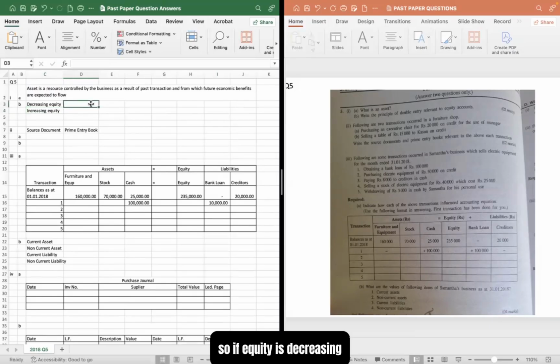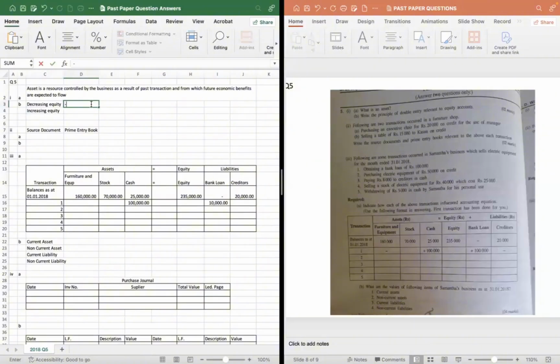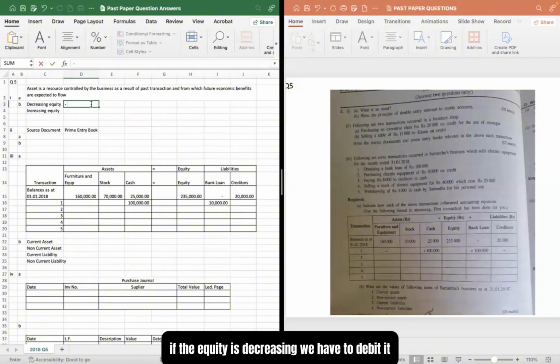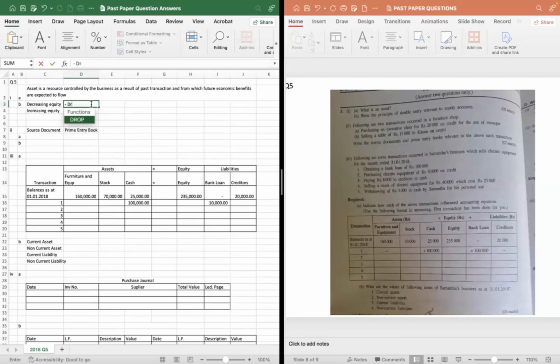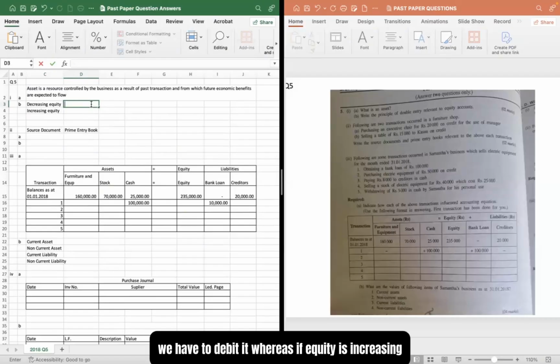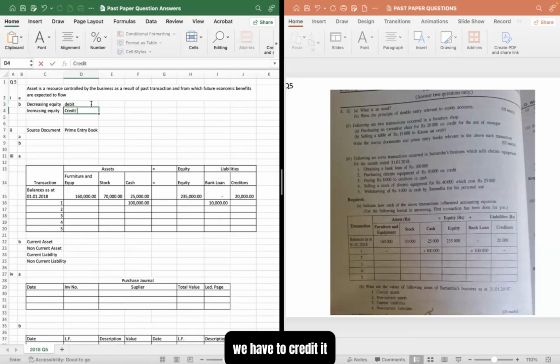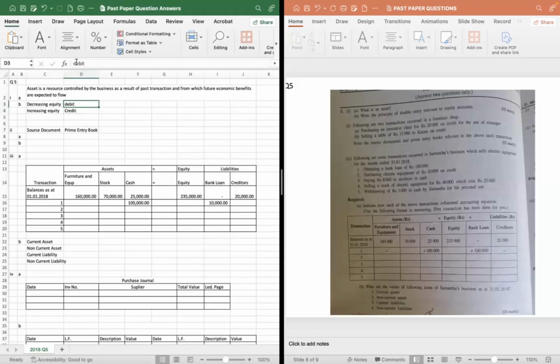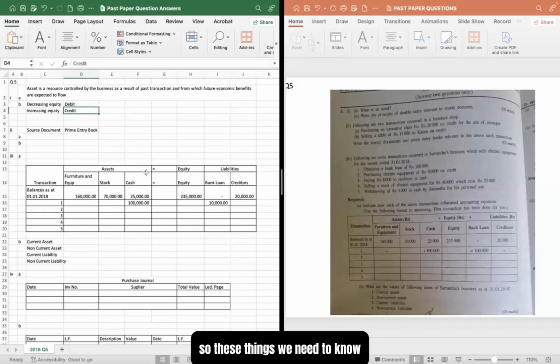If equity is decreasing, should it be debit or credit? If the equity is decreasing, we have to debit it. Whereas if equity is increasing, we have to credit it. So these things you need to know.